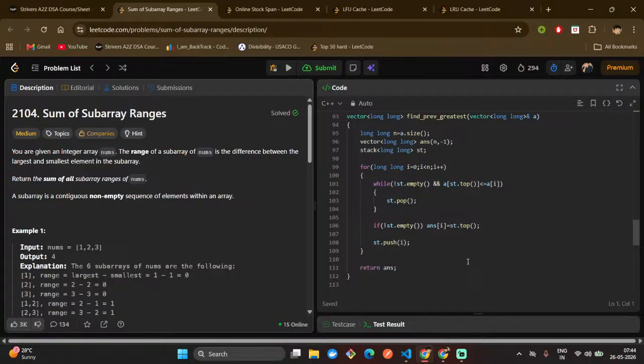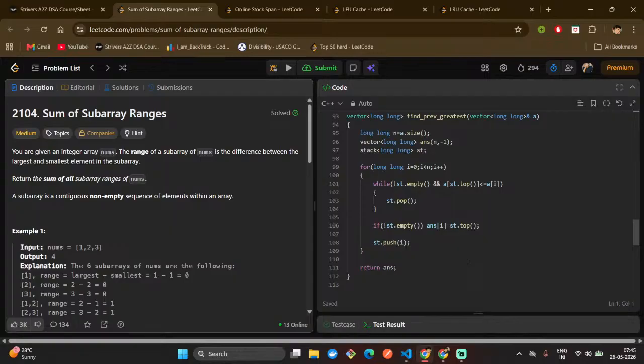Okay, answer. Now again it comes to, let's see, wait. Okay, yeah, now I understand. So, next greatest element.